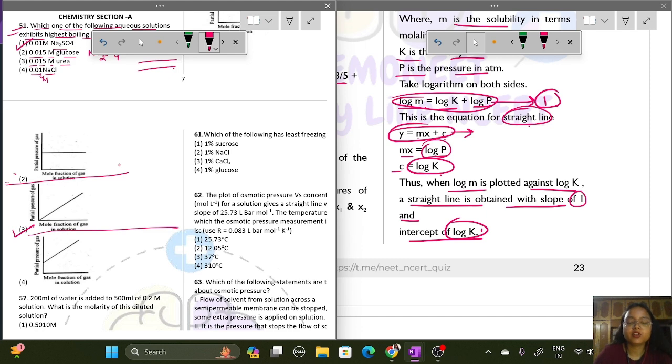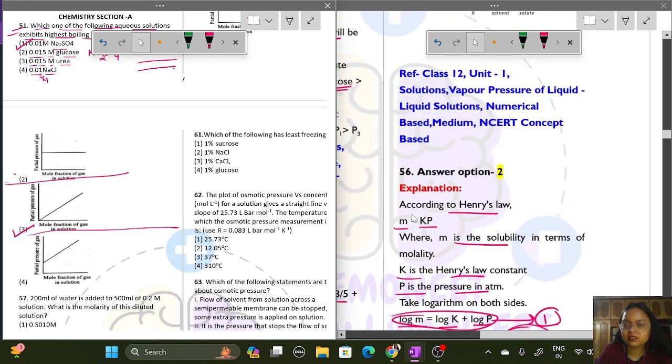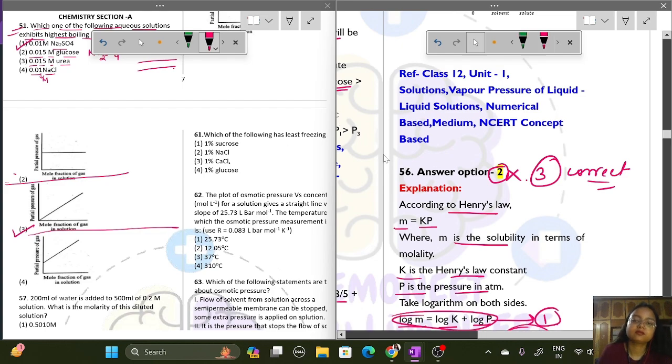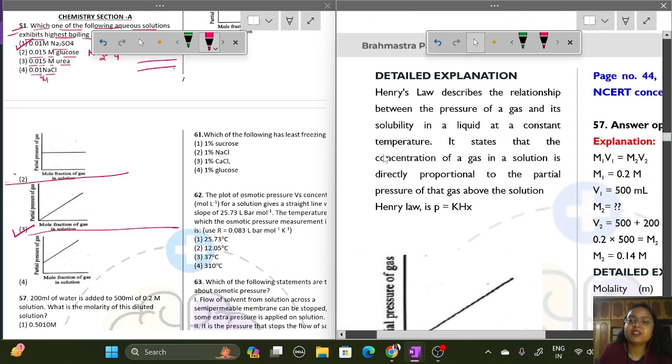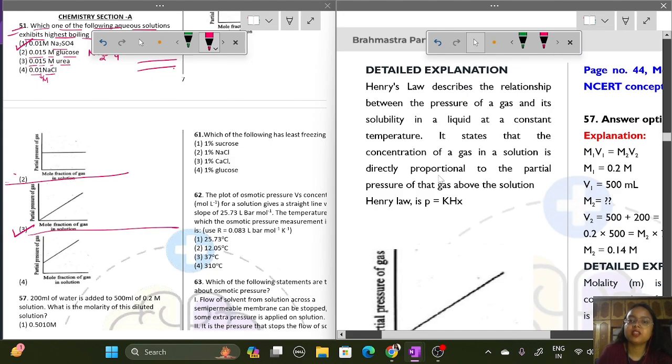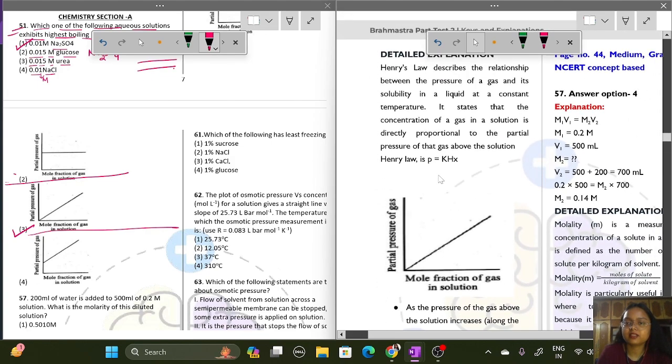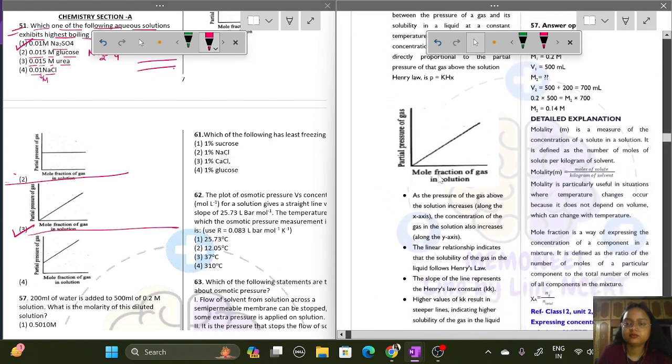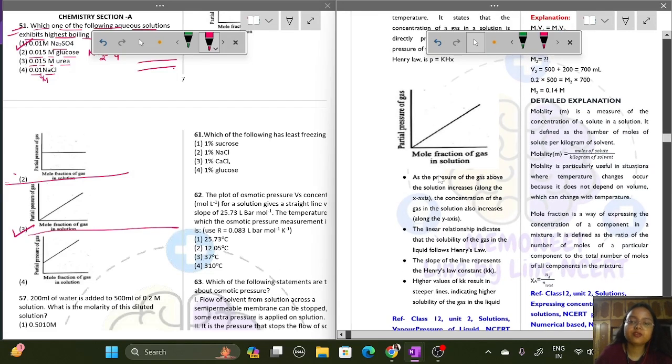Option 3 is the correct option here. And in the answer key also, I think option 2 is given, but option 3 is the correct answer. It should be a straight line which is passing through the origin. For the detailed explanation, you can see the detailed explanation one.